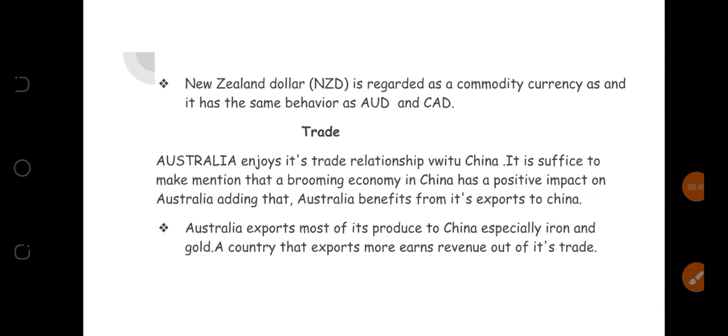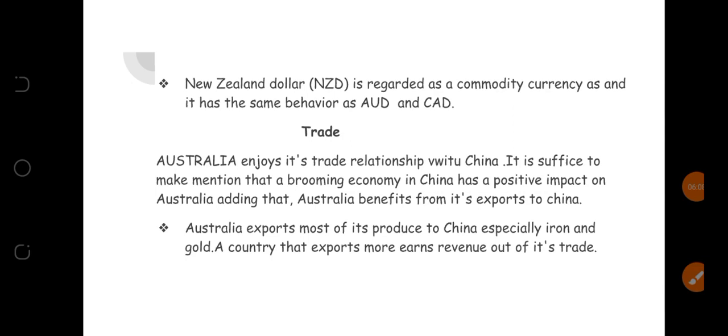Australia itself enjoys its trade relationship with China. I'd make mention that a booming economy in China will definitely have a positive impact on Australia.